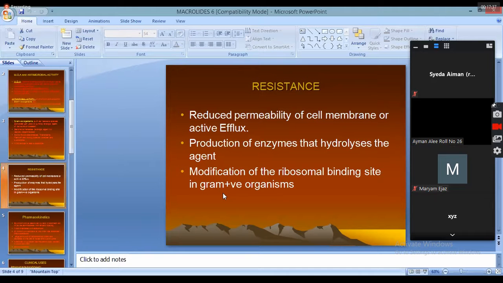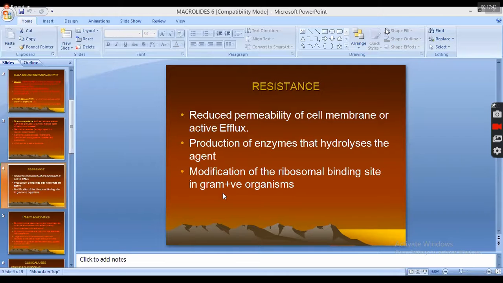For example, here it is the reduced permeability, either because of the changes in the porin channel or because of the efflux pump. Secondly, there could be production of the enzyme by the bacteria that hydrolyzes and destructs the drug, making it inactive.